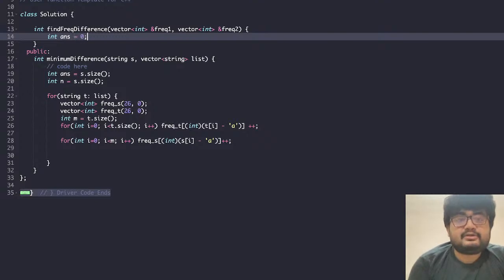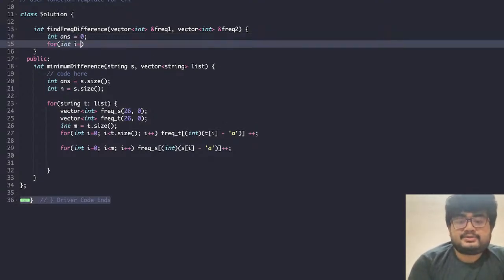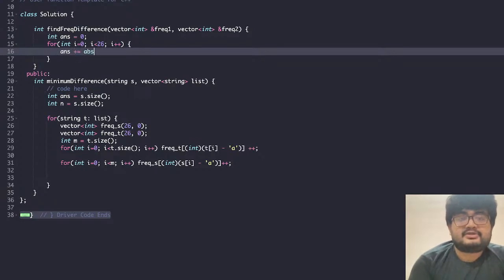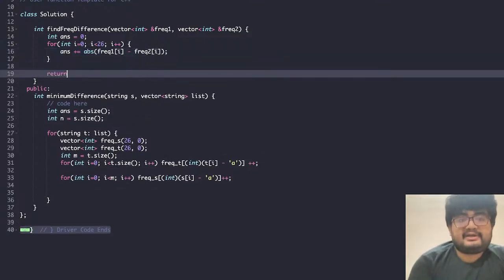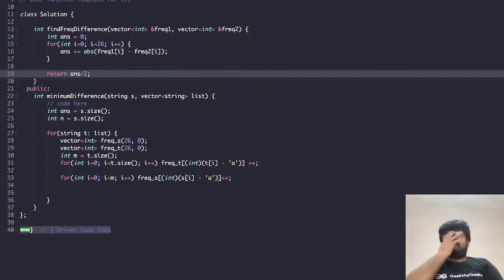Int answer equals 0, for int i equals 0, i less than 26, i plus plus, answer plus equals abs frequency 1 of i minus frequency 2 of i, and return answer by 2. Every difference should be counted 2 times: one because frequency 1 will be high for some character, and one because frequency 2 of some other character will be high, because there's some mismatch.